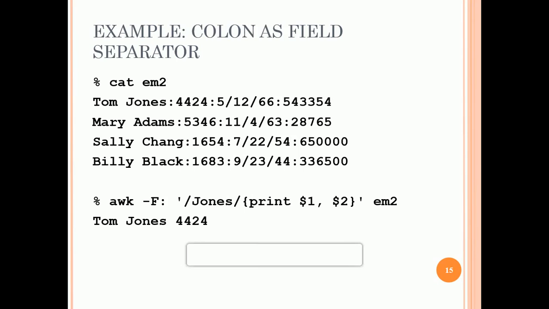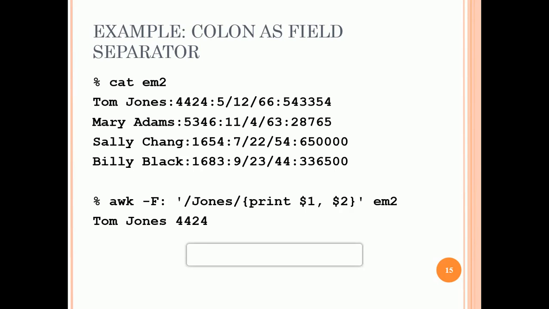Now in this example, we have used the field separator as a colon symbol. In the earlier case, we haven't used any kind of field separator. By default, it was a space. Now in this case, as we have used the colon symbol as a field separator, while writing the command, we have used the capital F option followed by the field separator as a colon, and within single quotes, we have specified the pattern, and the pattern should always be enclosed within forward slashes, and the action has to be written within curly braces.